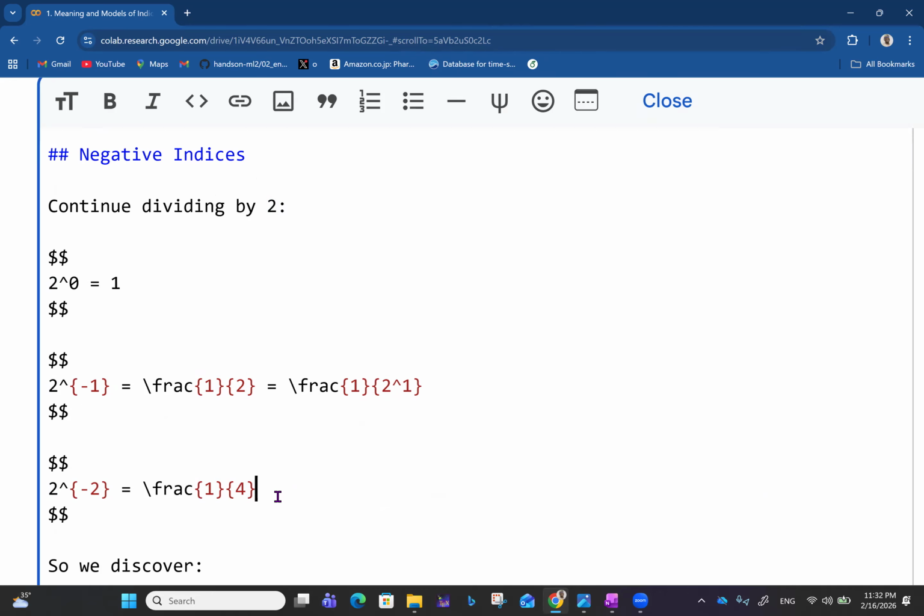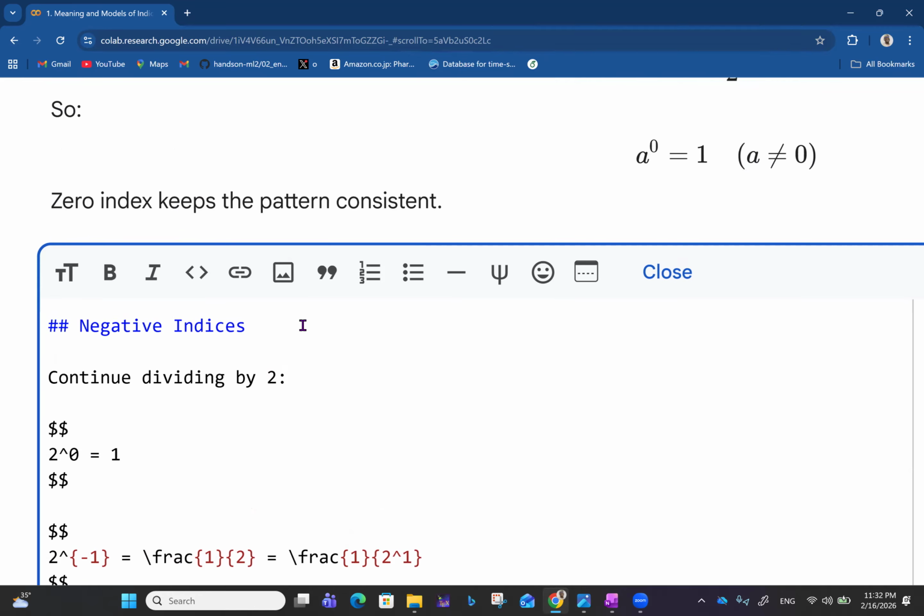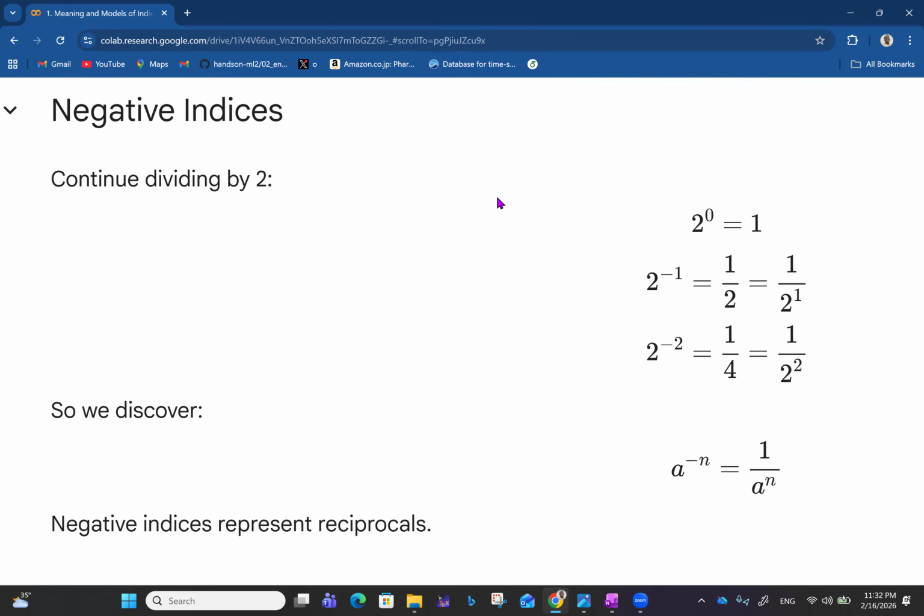Then when we come here, this is equal to 1 over 4 now. That's 1 over 2 raised to power 2, right? That's 1 all over 2 raised to power 2. All right. So this is what we have here.